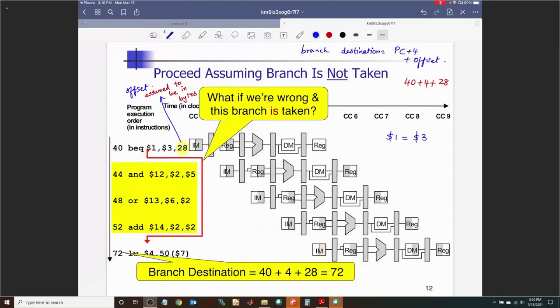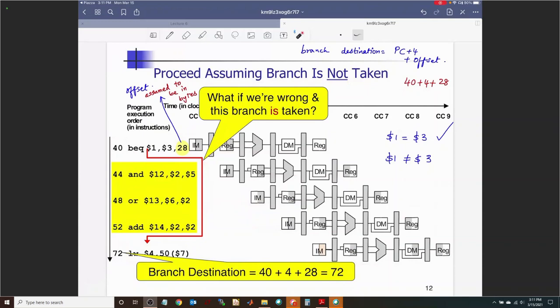And if you assume that branch is not taken and start working on 44, if this is equal to this, then we are good, no problem. But if $1 doesn't equal $3, when you are working on this particular instruction, you have accidentally worked on 3 instructions. You would have had to just jump from here to there and worked on load word.